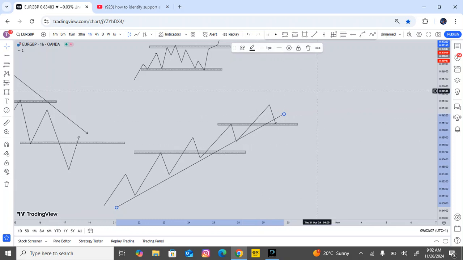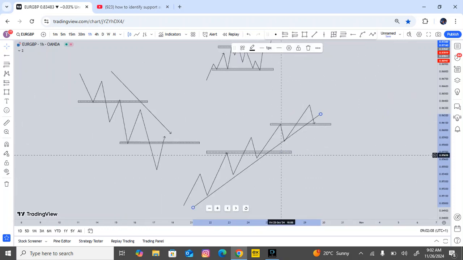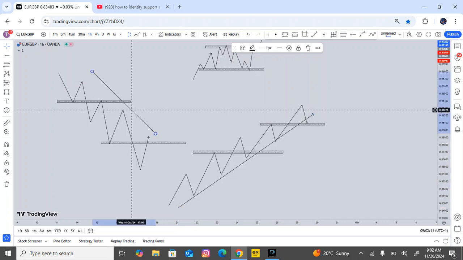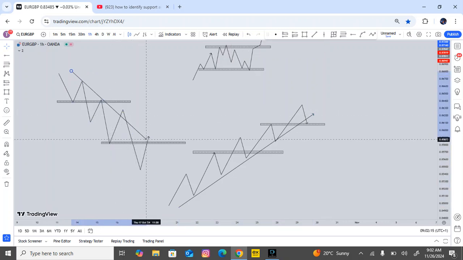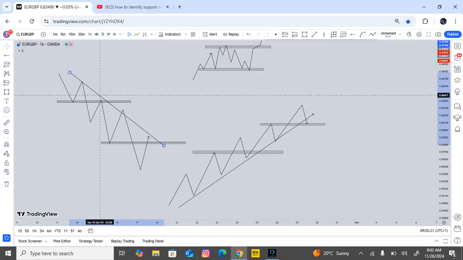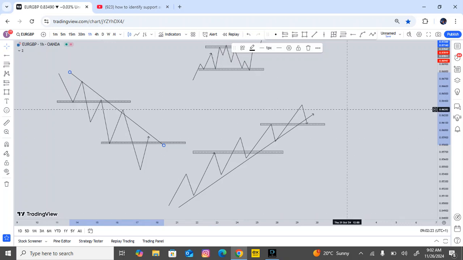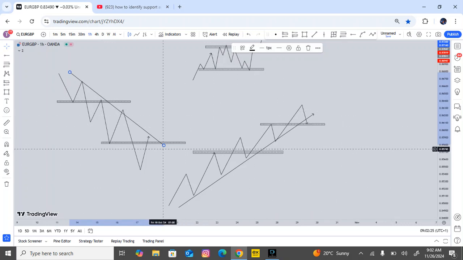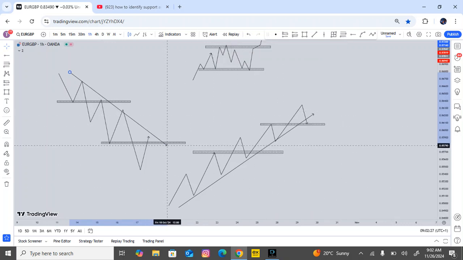Same thing with the resistance: you can draw your trend line like this. This is the diagonal resistance, which is also a trend line, the downward trend line, and this is the upward trend line.